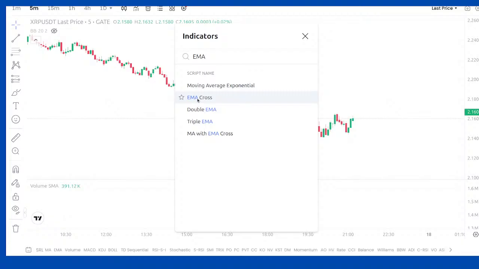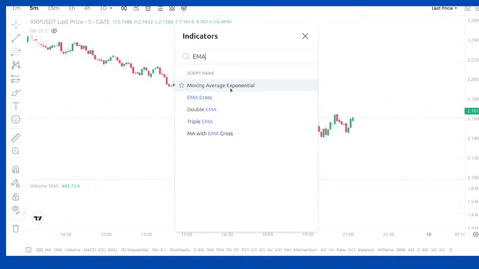That is EMA 9 and EMA 21. But for 21, you'll need to customize it. I choose EMA cross. EMA simply means exponential moving average.